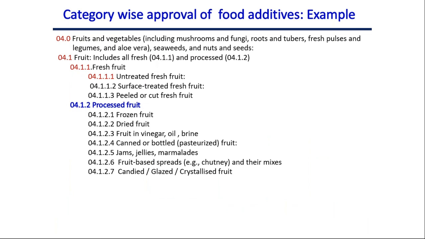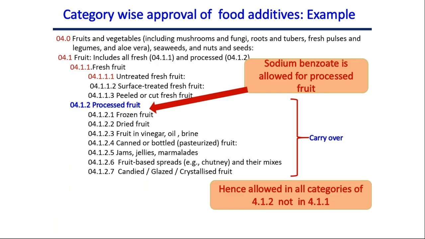Let's look at this example. Category 4 is that of fruits and vegetables. Now I want to know whether I can use sodium benzoate in, say, a frozen fruit.